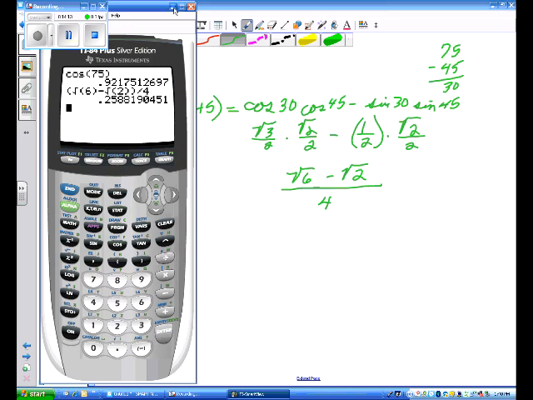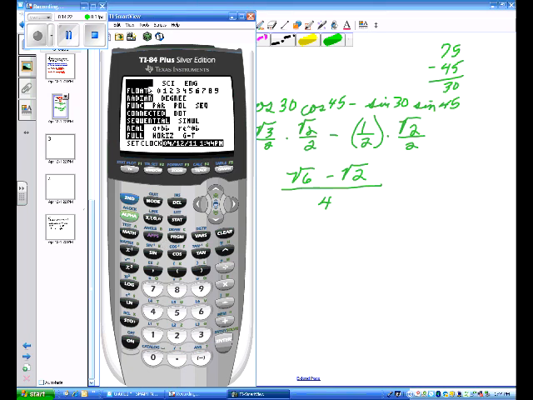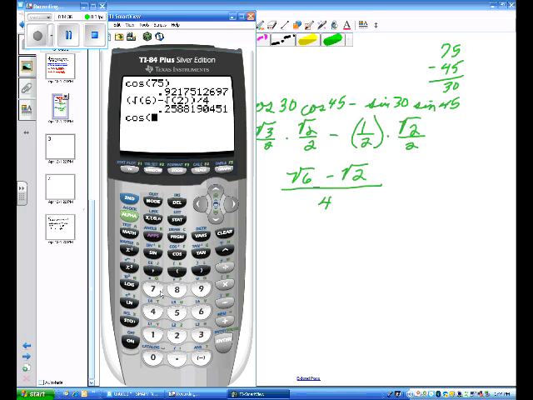So I need to figure out what I've done incorrectly. Okay, my work's correct. Let me go back and check. Okay, I thought I put it in the degree mode, but it appears that I didn't. So let me go back now and do the cosine of 75.